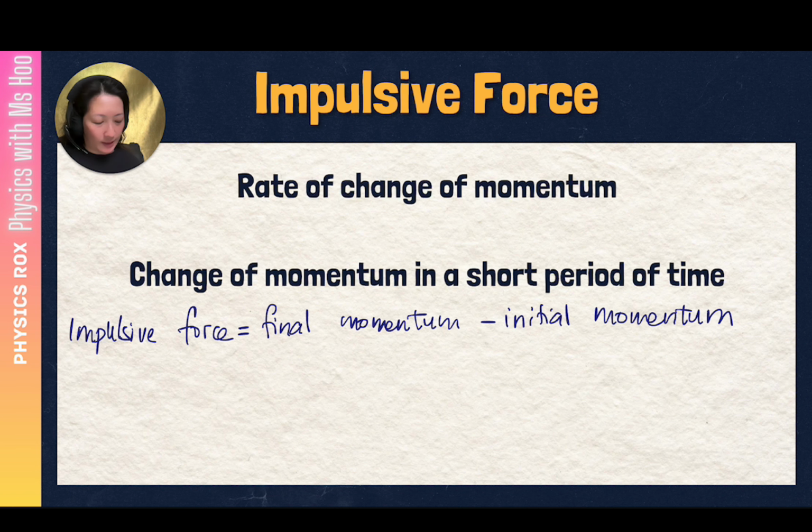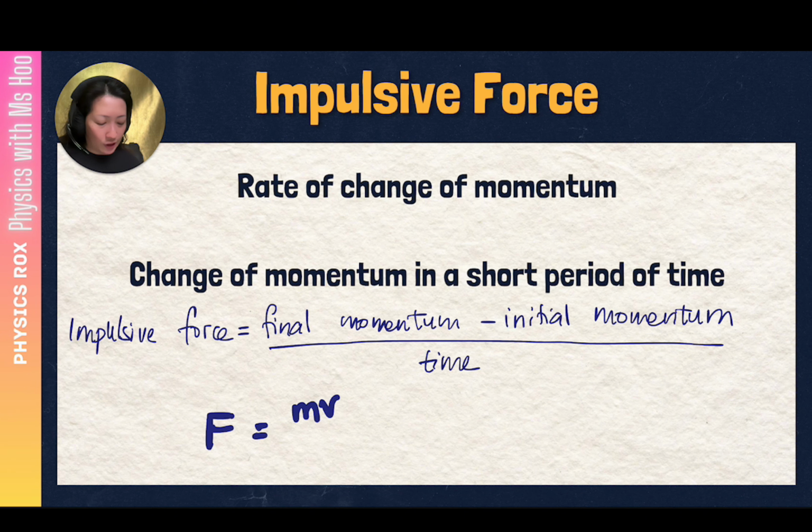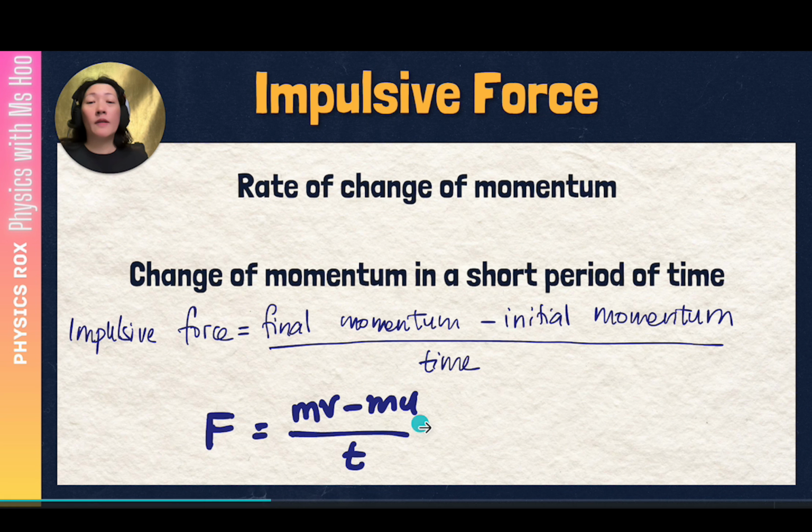So we're going to take this and divide this by time. So when we write it in symbol form, impulsive force is F, which is force. We know that final momentum is mv, and initial momentum is mu, and time can be written as t. So this would be the formula for impulsive force.